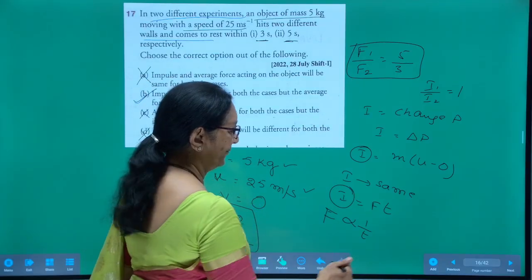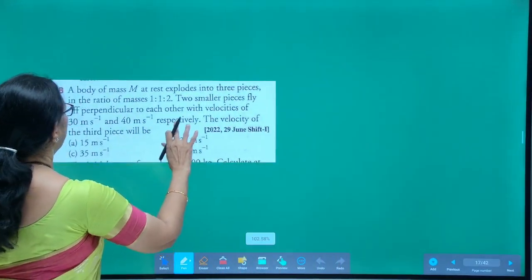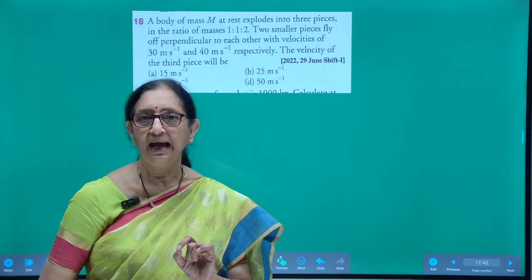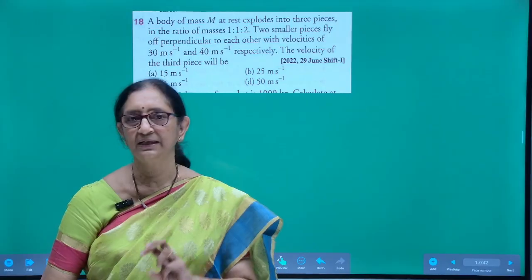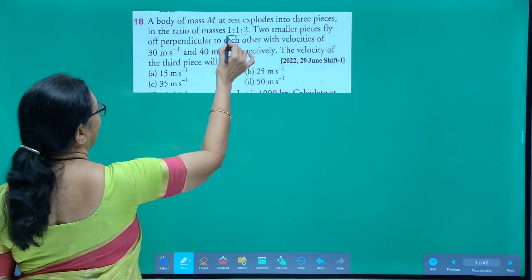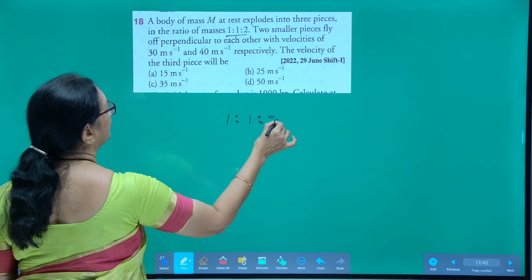Now let's move on to the next problem. Look here. A body of mass m at rest explodes into 3 pieces of mass ratio 1:1:2.